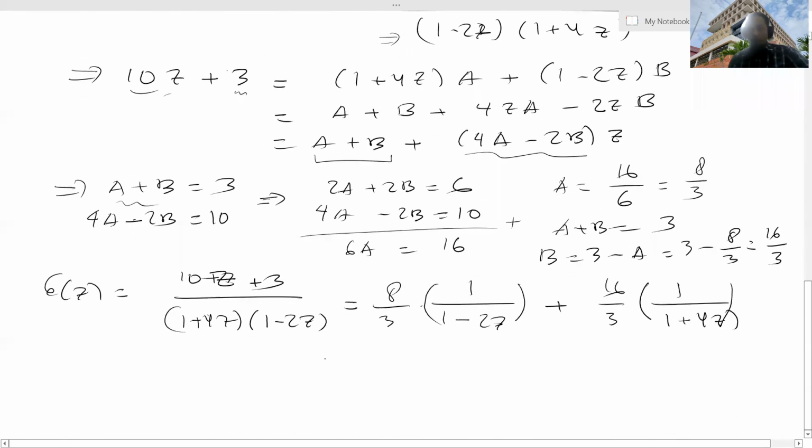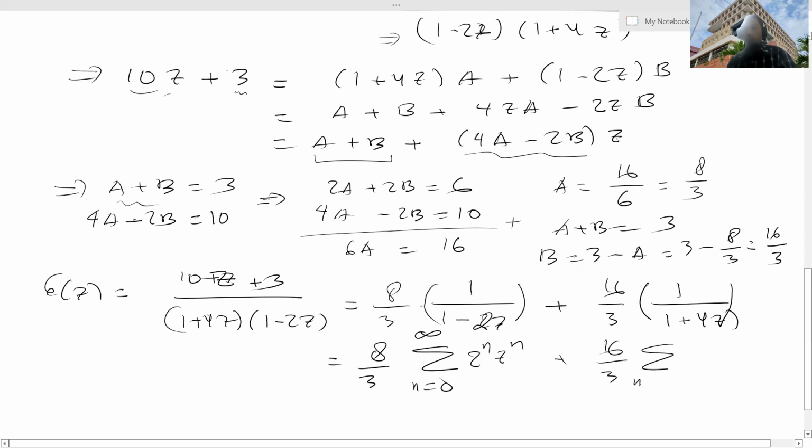Now, of course, this could be solved into the more explicit generating function. This one, the ratio is 2, so this is the sum of 2 to the power of n z to the power of n, and this one, the ratio is -4, so this is the sum from n equals 0 to infinity of (-4)^n z^n.